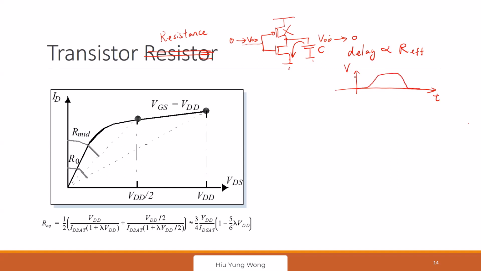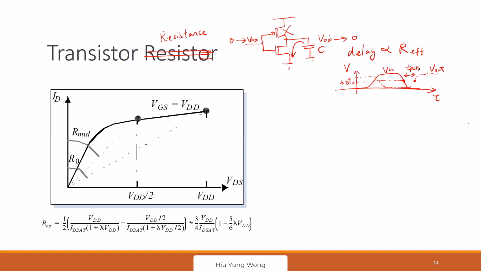No one? The difference between the input and the output waves from the 50% points. Very good, from the 50% point. Right, this is 50%. So this is the delay, TPLH in this particular case, in this graph, right?